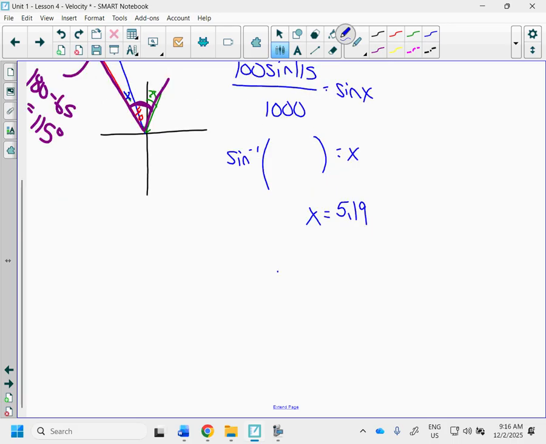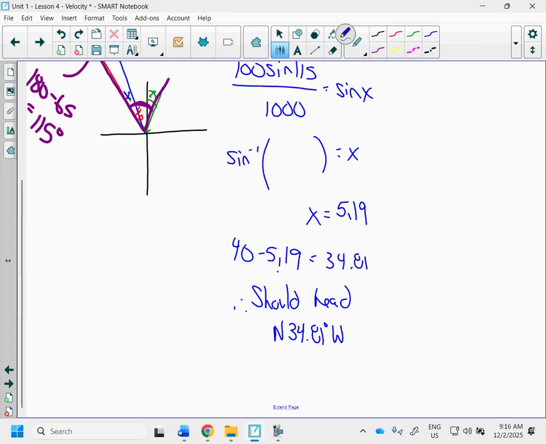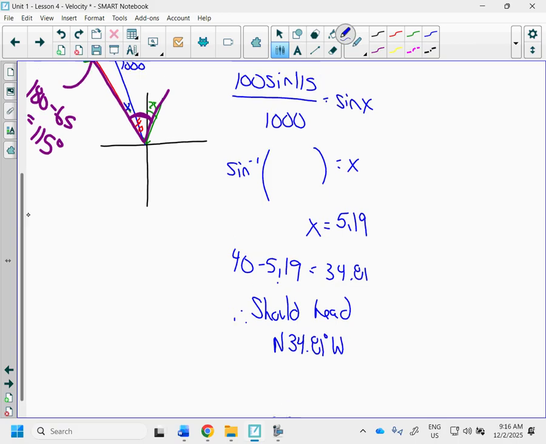I'm going to get pushed that direction, so I'm going to take my 40 minus my 5.19. That gives me 34.81. So I'm going to say it should head north 34.81 west. And it'll get pushed by the wind the rest of the way.